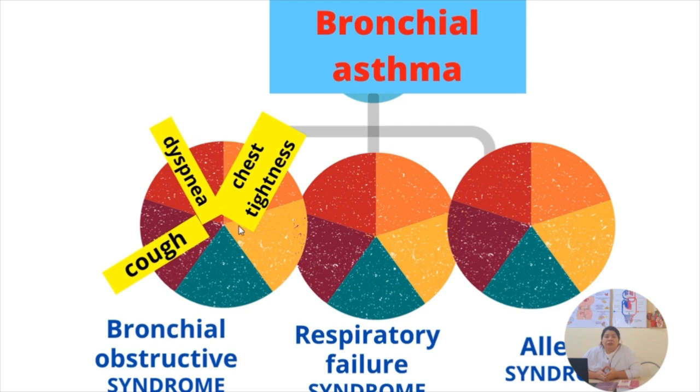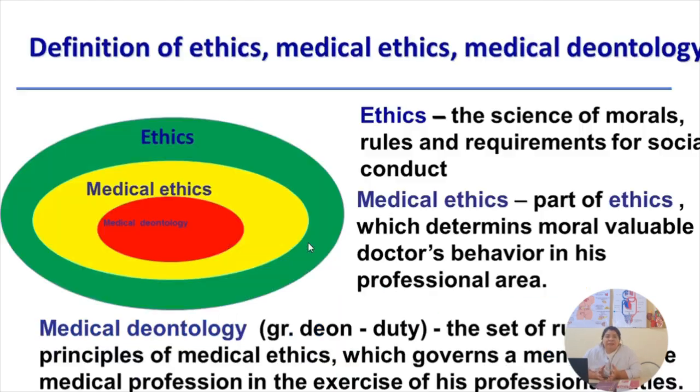For example, it may be part of COPD with other syndromes, or part of congestive heart failure, or may develop because of compression by enlarged chest lymph nodes, and so on. That's why bronchial asthma, a disease, may consist of different syndromes, and each syndrome contains a set of symptoms.